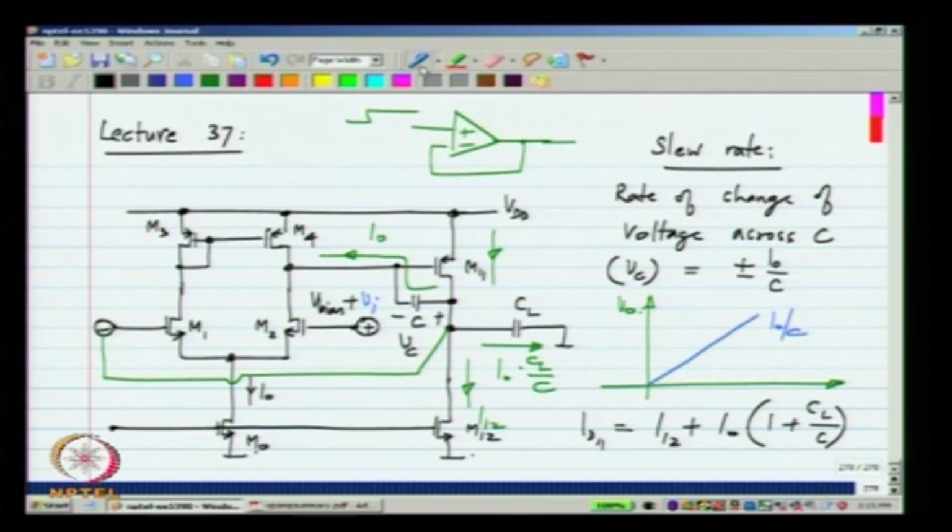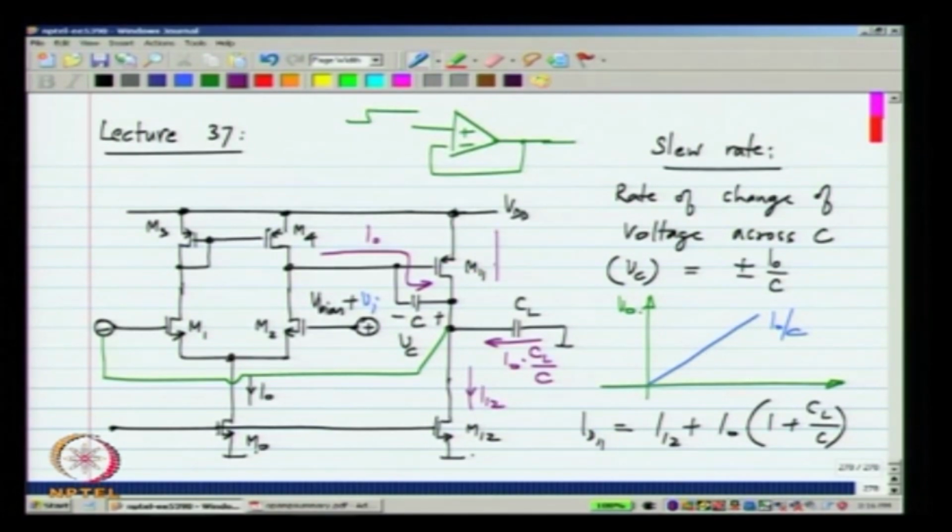Now, let us see what happens in the other direction. Let us say that is I naught and that is I naught CL by C, okay. And this is some I12.